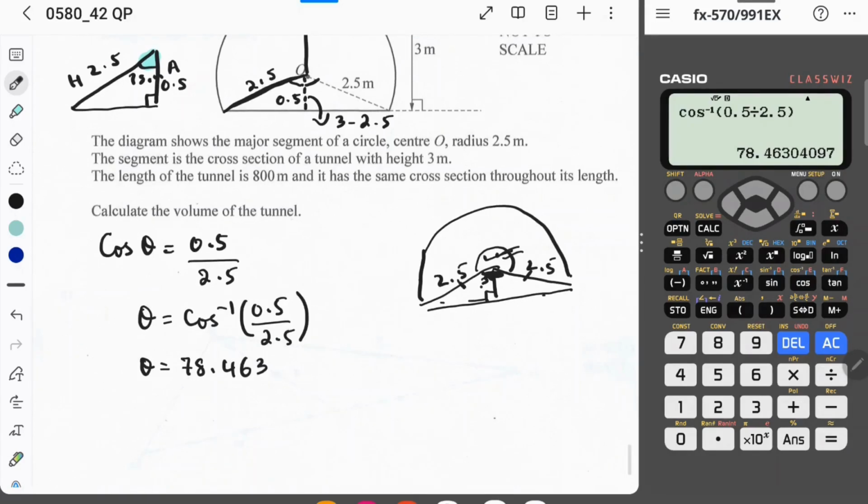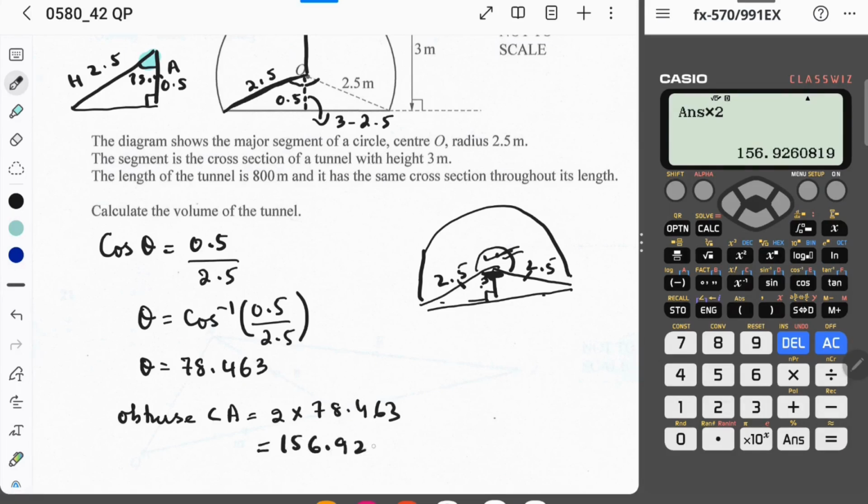Okay, so the whole angle A, which is an obtuse angle, is equal to 2 times 78.463, multiplied by 2 equals 156.926 degrees.